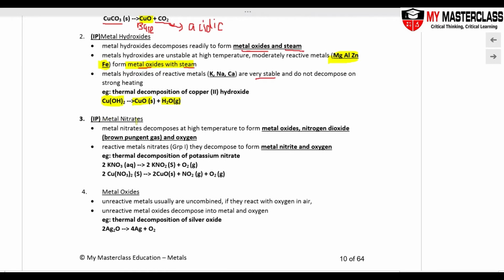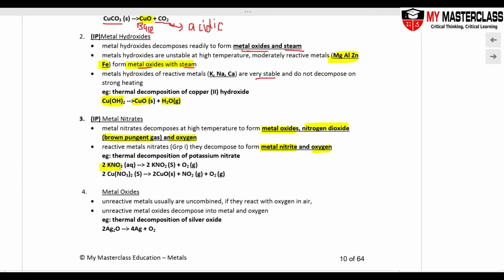Okay, metal nitrates, my NO3-, right? Metal nitrates will break down into the oxides, nitrogen dioxide, and oxygen gas. NO2 is a brown pungent gas. Group 1 nitrates are stable. Generally, if they decompose, they will decompose to the nitrite, so one oxygen less than the nitrate, and oxygen.